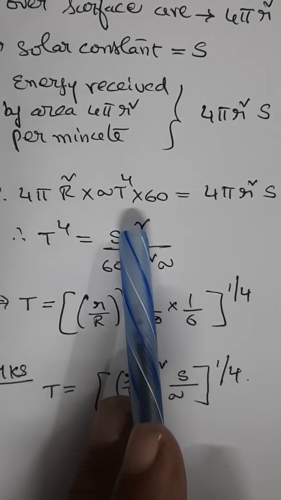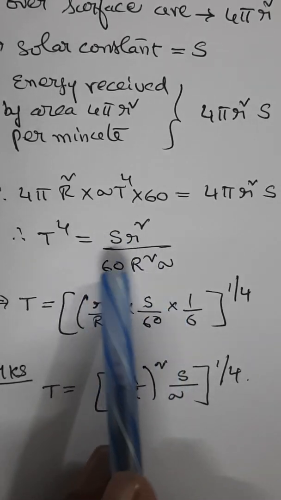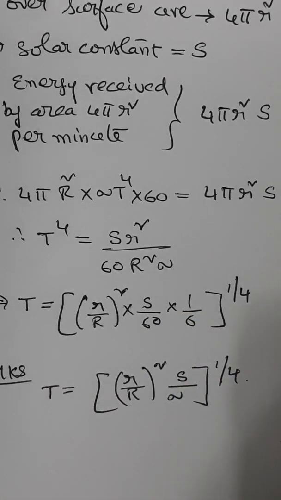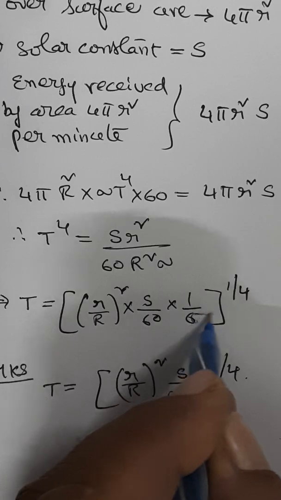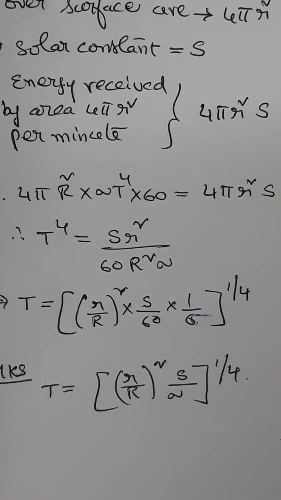So you can write it as small r by capital R whole square into S by 60 into 1 by sigma, whole power 1 by 4. So this is the expression for measuring the temperature of the sun.